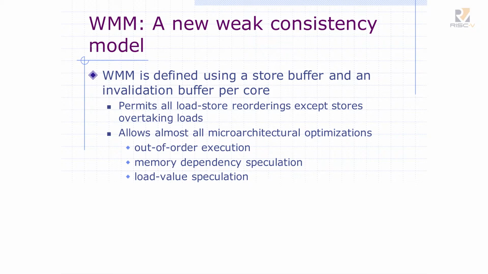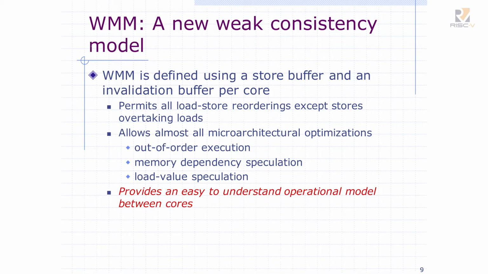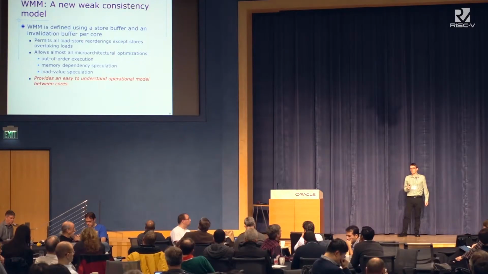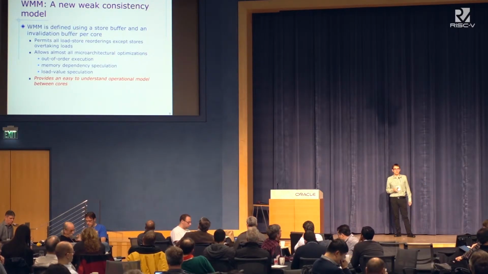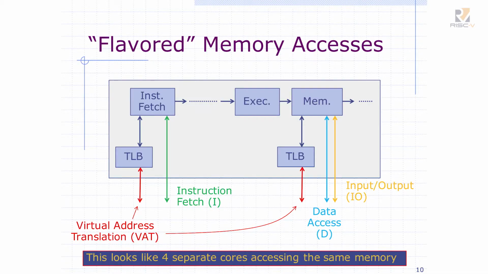It's described with a store buffer and an invalidation buffer per core, and the loads and stores describe actions on these buffers, and fences describe how these buffers are flushed. This provides an easy-to-understand operational model between cores, but it misses those 13 loads and stores that each core can do and the interaction between those 13. So let's talk about those for a bit.